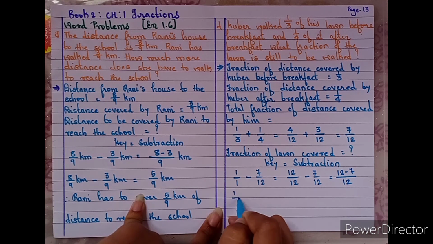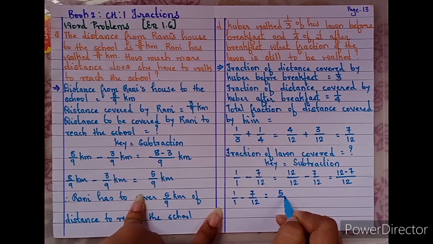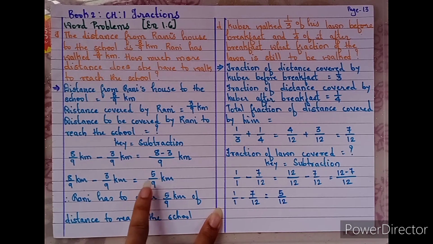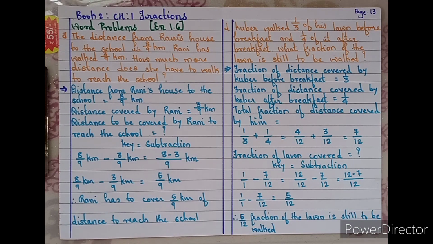Therefore 1 by 1 minus 7 by 12 equals, from 12, 7 goes out, remains 5 by 12. So what fraction of the lawn does he still have to cover? Therefore he has to cover 5 by 12 fraction of distance, and hence the solution.